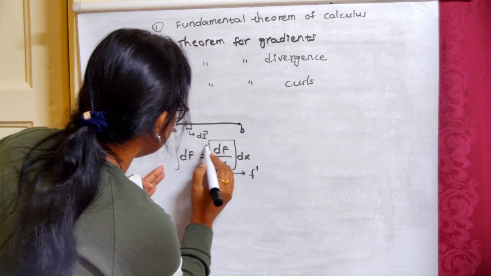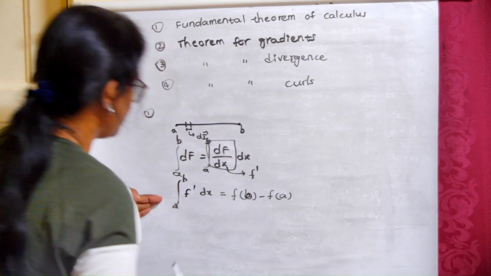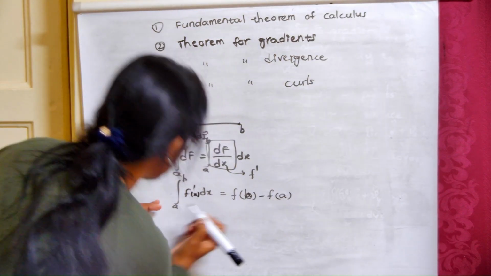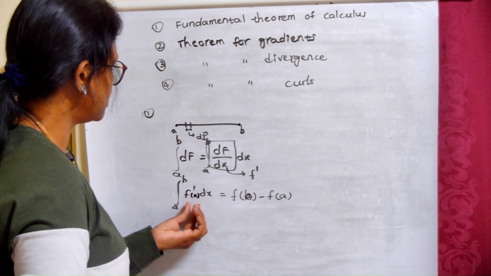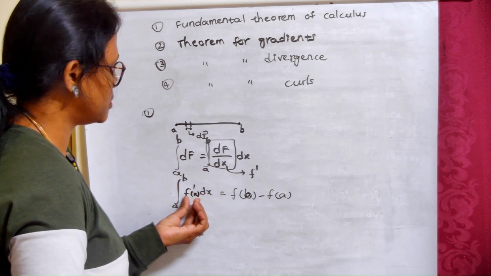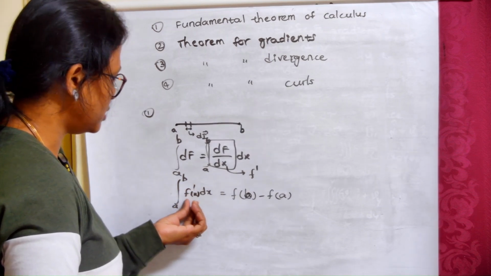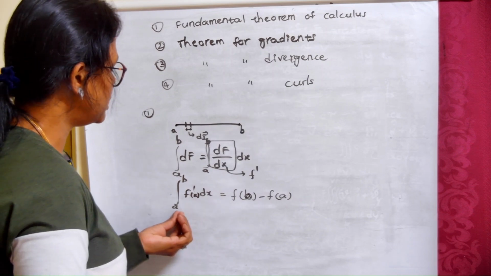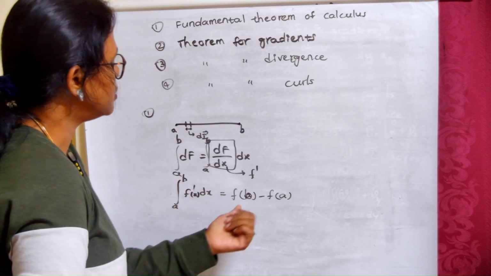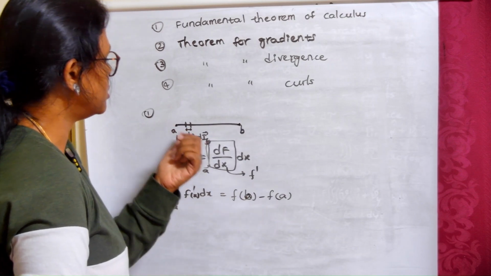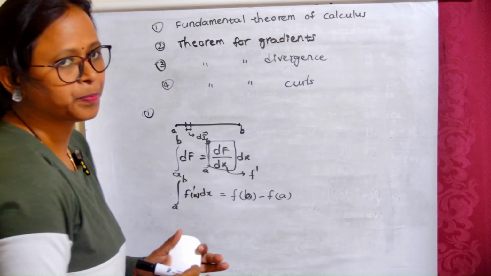Then by integrating it on both sides, if we integrate this small variation of a function with respect to x, then the value of the integration from point A to point B will be the value of that function at the boundary points. That means f of b minus f of a.